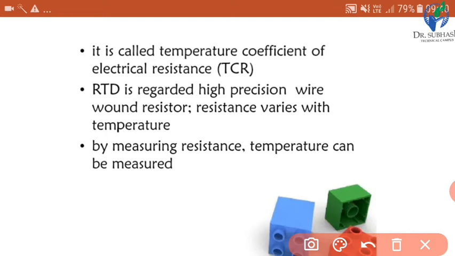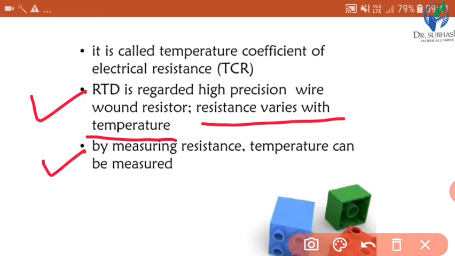An RTD is regarded as a high precision wire wound resistor whose resistance varies with temperature. In an RTD there is nothing but one wire wound resistor, and the resistance of the wire varies with temperature. So this is the basic principle of the resistance temperature detector. By measuring resistance, temperature can be measured.